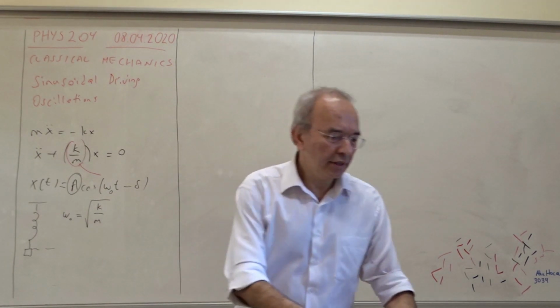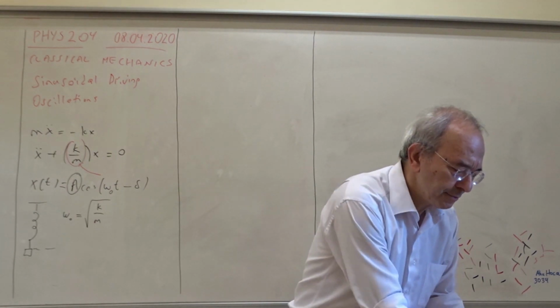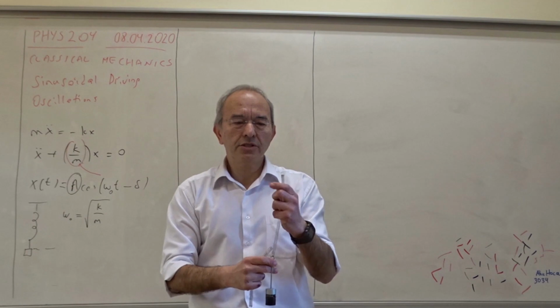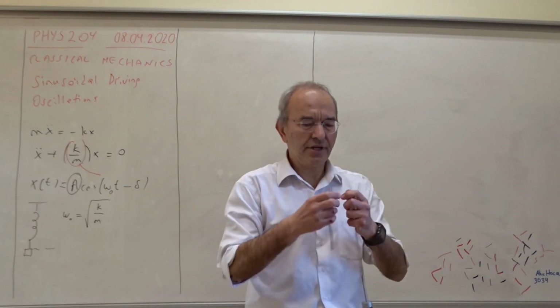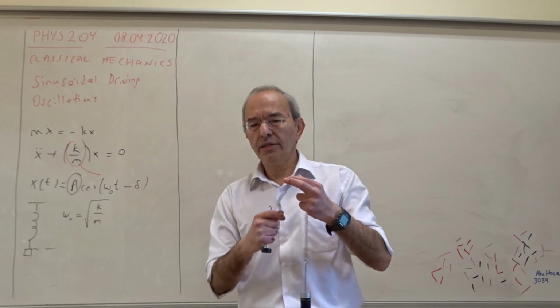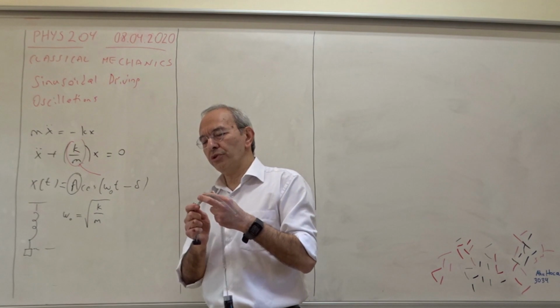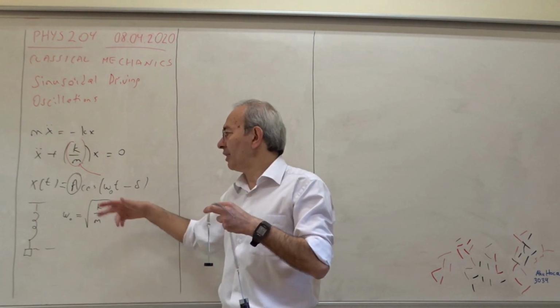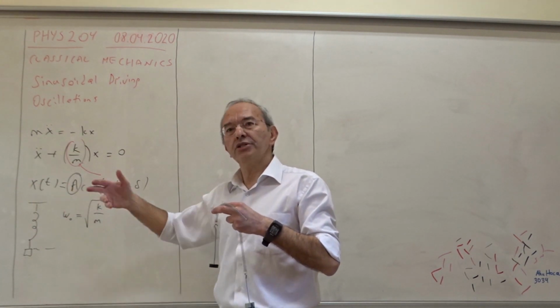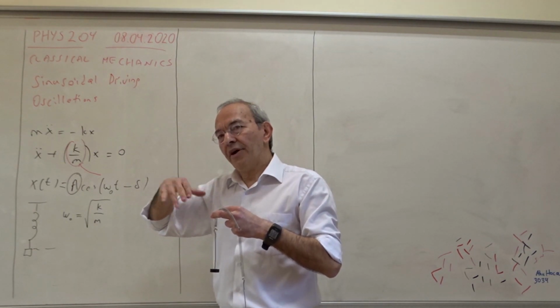For example, let's have two identical springs having the same k, but I attach a smaller mass to one and a larger mass to the other. According to this expression, of course, the smaller mass will have a larger frequency. Larger frequency means it makes oscillations faster than the other.